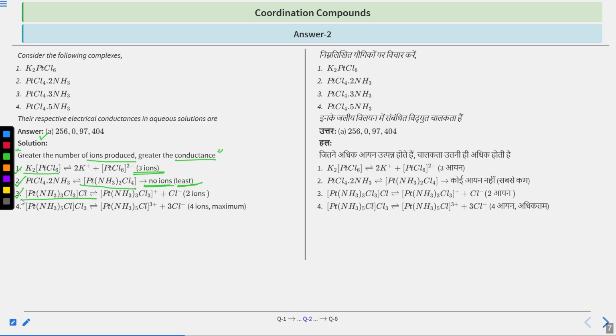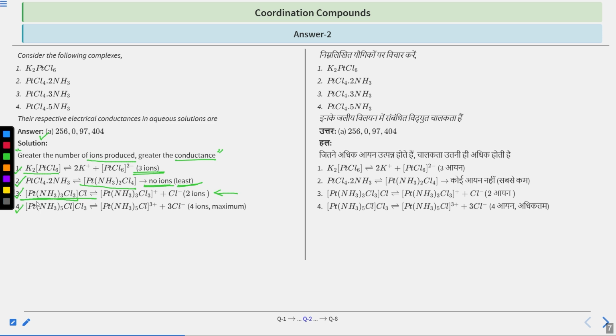That's why it is completing its valency by attaching 3 ammonia molecules and 3 chloride ions to itself. So 1 chloride ion will remain outside of the square bracket. Now if you dissociate this, it will dissociate in this manner.